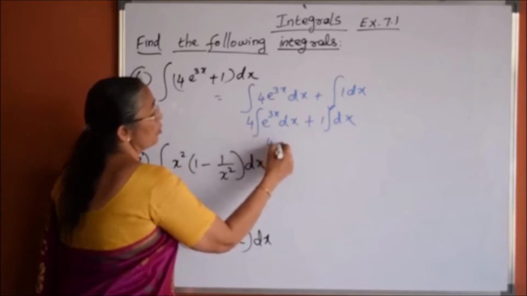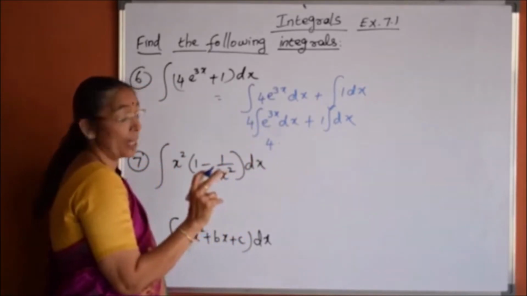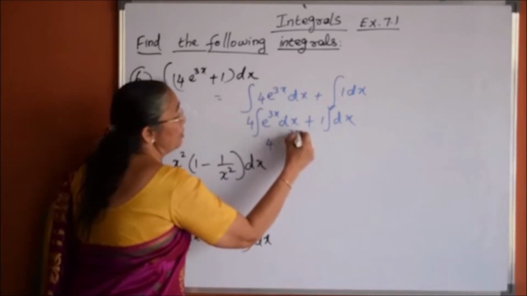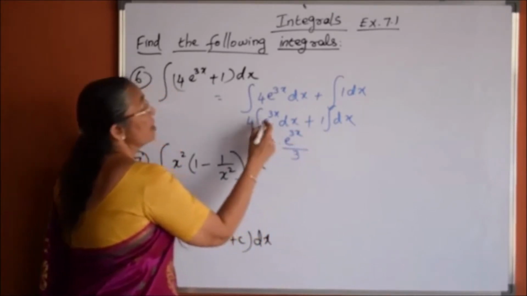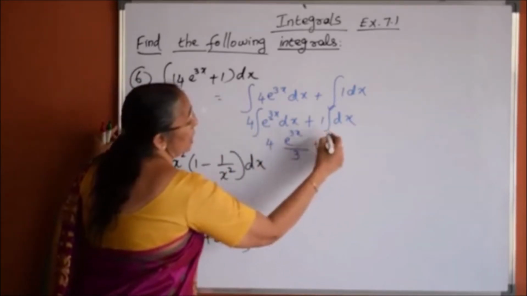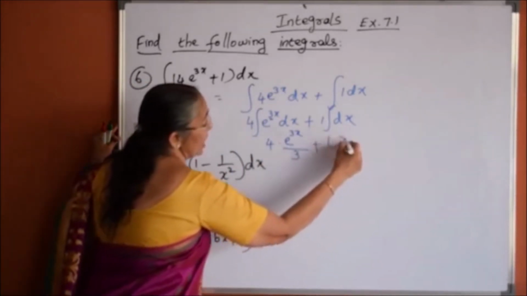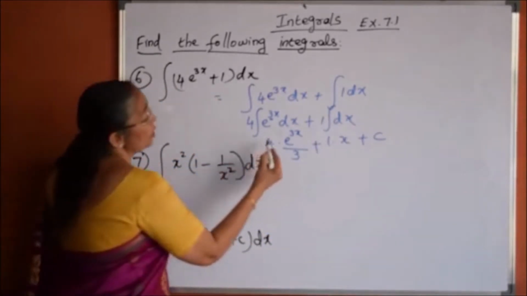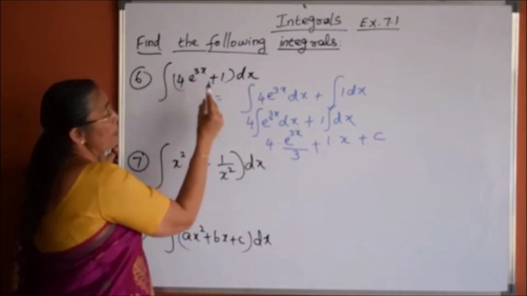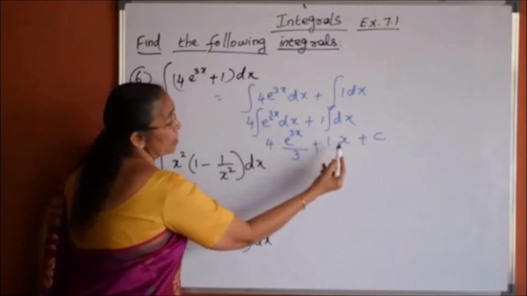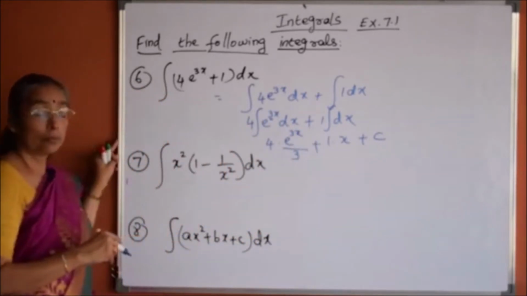Integration of e power 3x is e to the power of 3x by 3, the coefficient has to be divided here, plus 1 into integration of dx is x plus c, always constant will be added. So the integration of 4 e power 3x plus 1 dx is 4 by 3 of e power 3x plus x plus c.